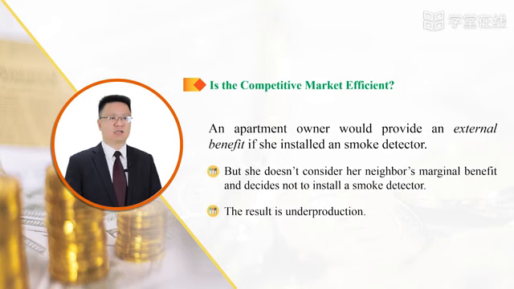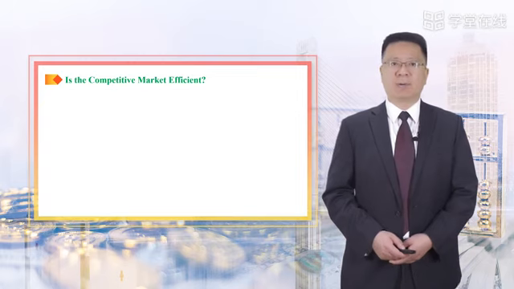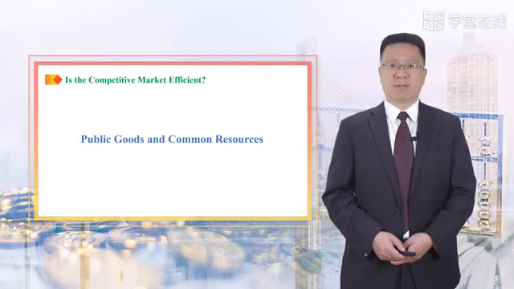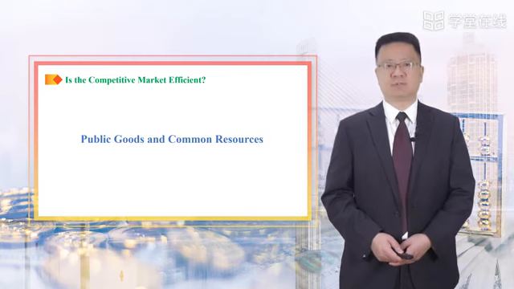This result is underproduction. A public good benefits everyone, and no one can be excluded from its benefit. It is in everyone's self-interest to avoid paying for a public good, called the free rider problem, which leads to underproduction.